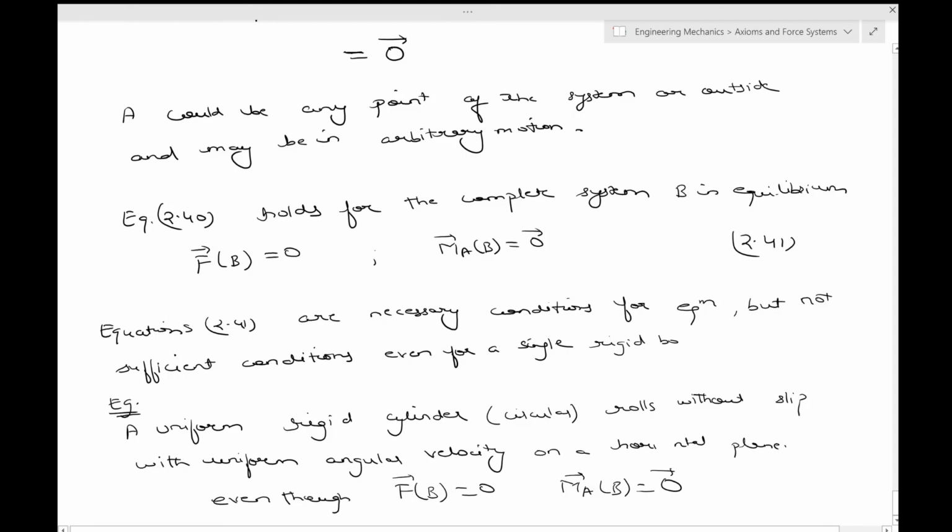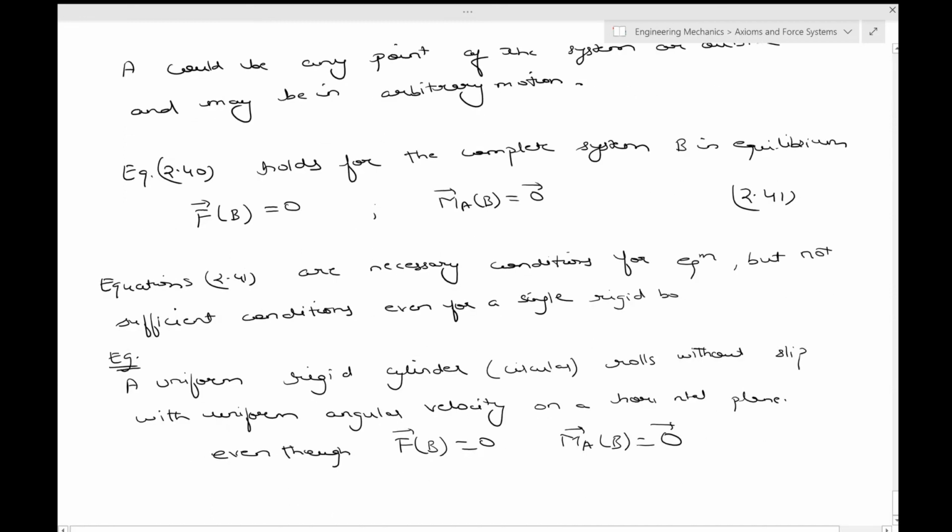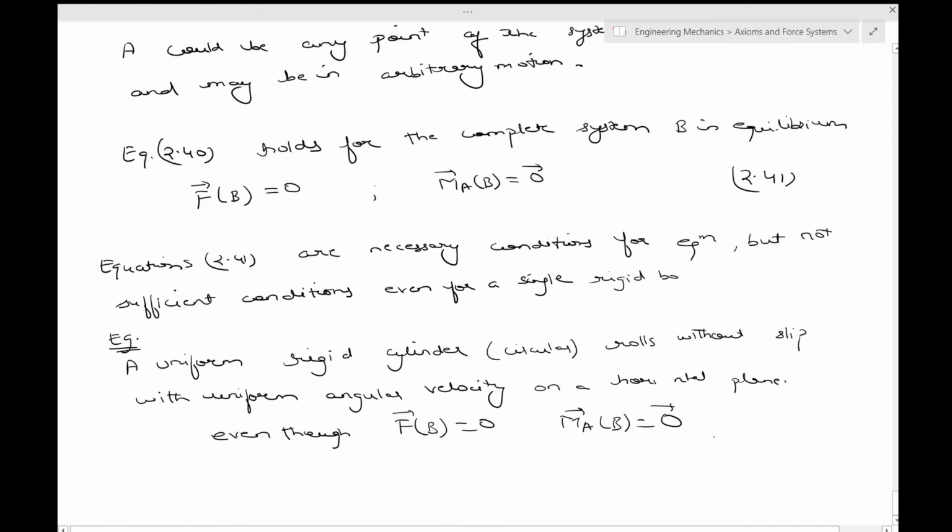And why do I say the cylinder is not in equilibrium? Because every material point P belonging to it does not remain at rest in the inertial frame. That's how we had defined it: a system is said to be in equilibrium if every material point belonging to it remains at rest in an inertial frame I. So this is important for you to note.